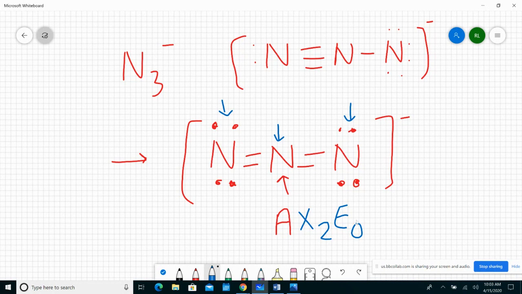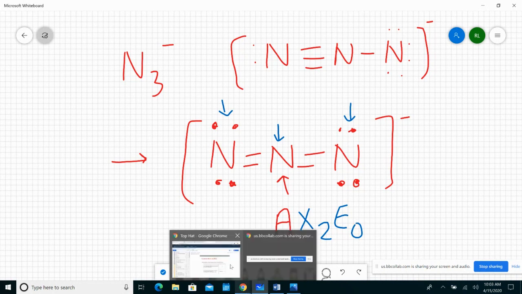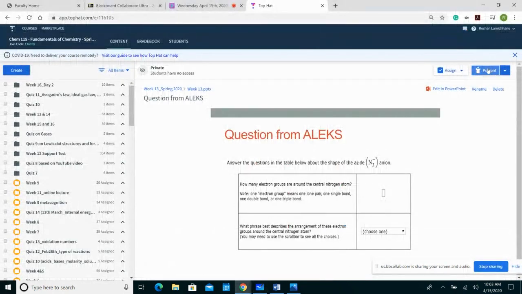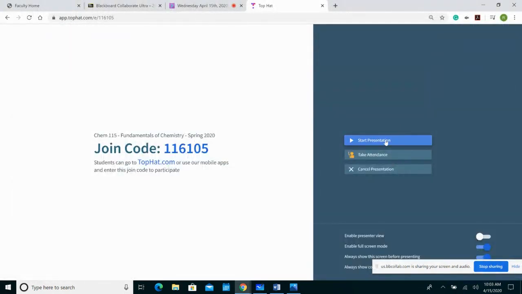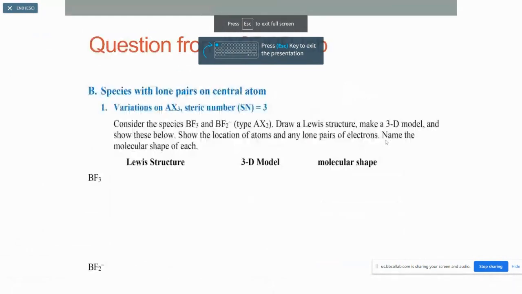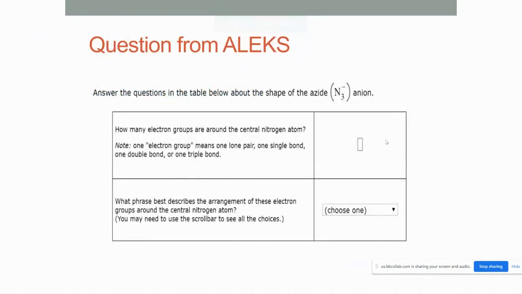After I write my notation AX2E0, whenever the question asks you how many electron groups are around the central nitrogen atom, what I do is count the subscripts in my AX2E0.